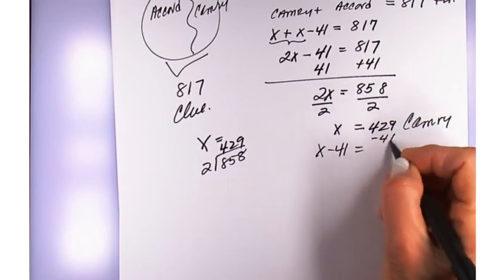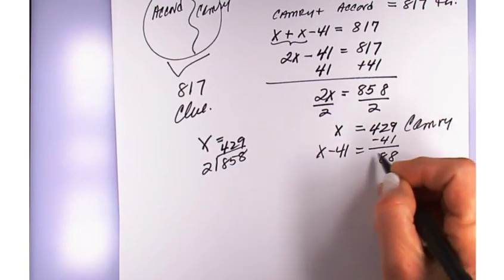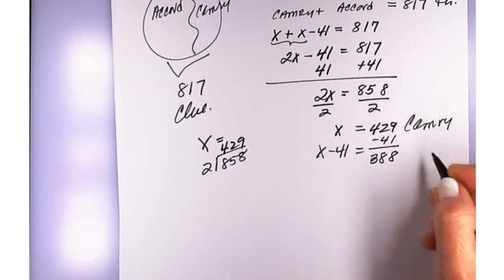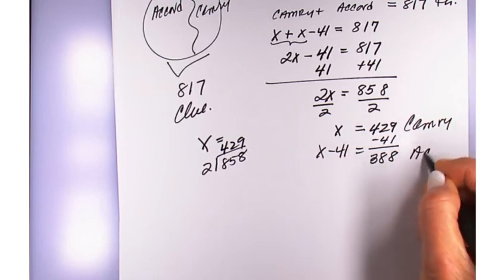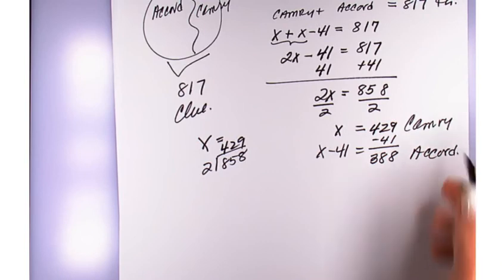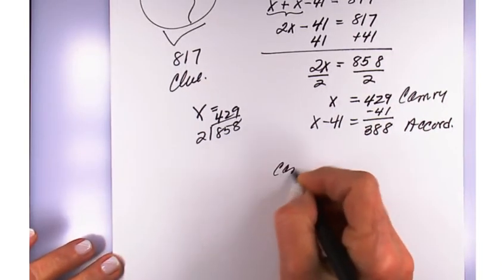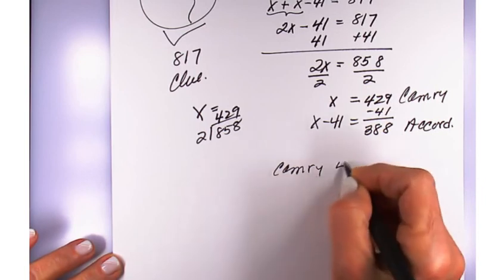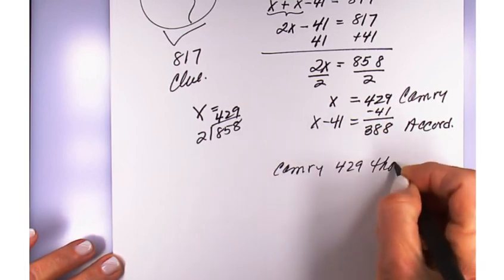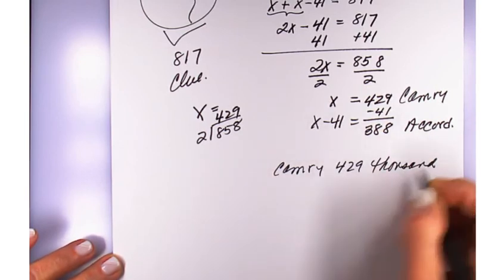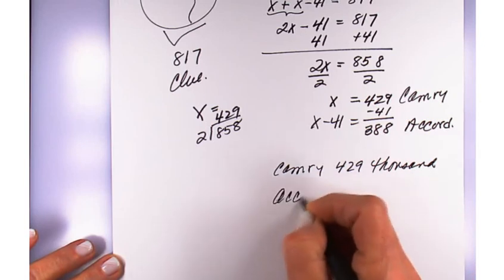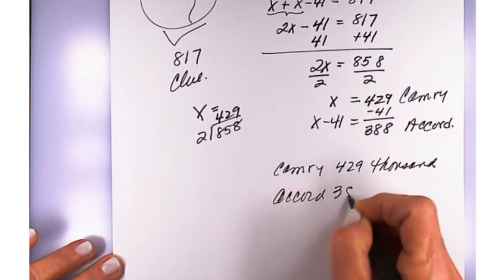That gives me 388, and this will be Accord. So remember, we're talking in thousands. So the Camry is 429,000, and the Accord is 388,000.